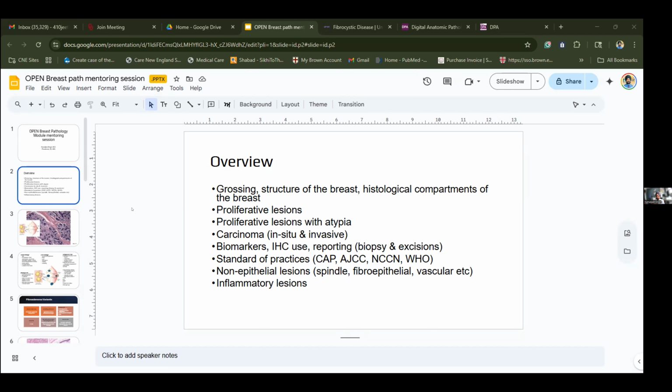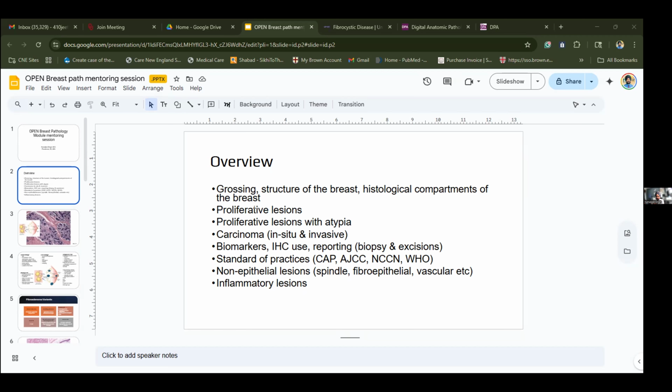Some of them are an increase in the number of cells, which we call proliferative lesions. And at some point, these proliferative lesions jump into the category of proliferative lesions with atypia. So something to keep in mind is learning the histological findings that differentiate these proliferative lesions from proliferative lesions with atypia.